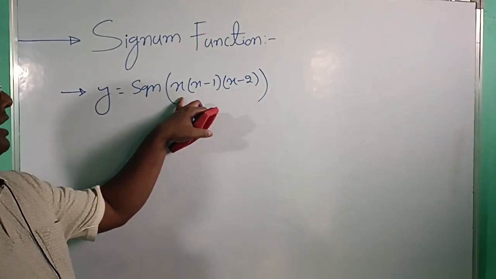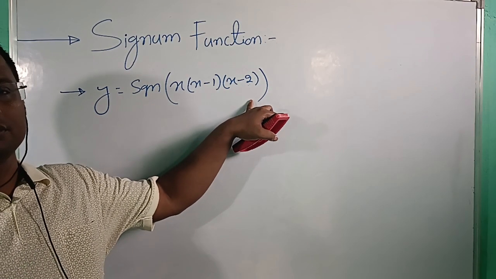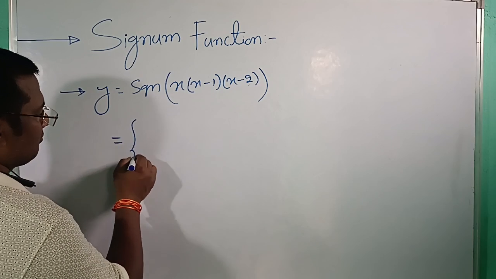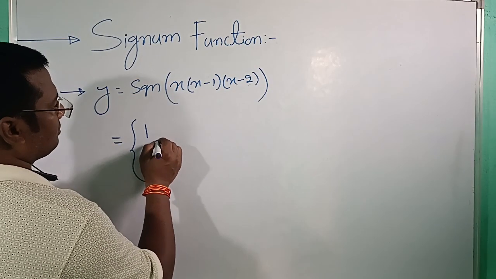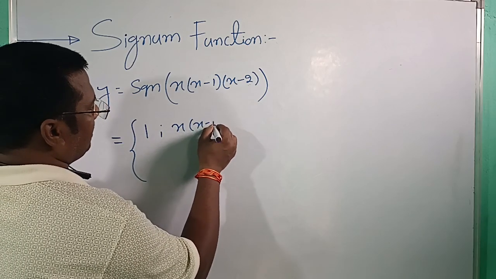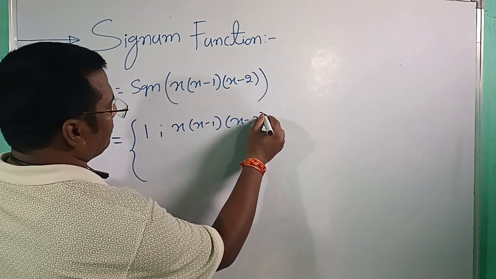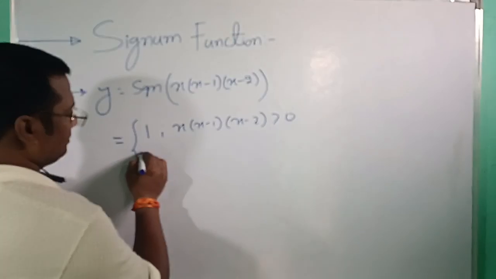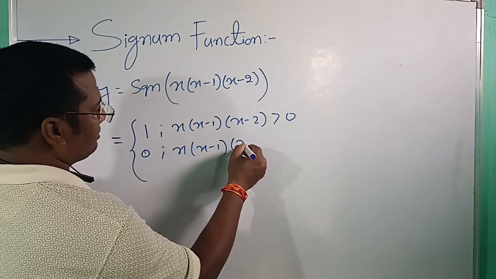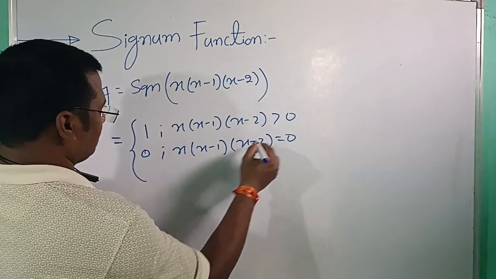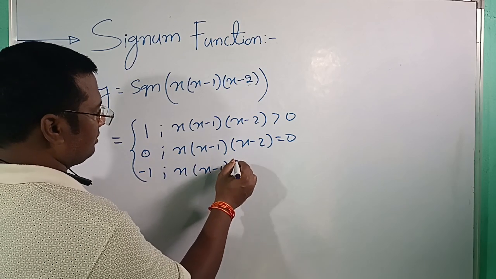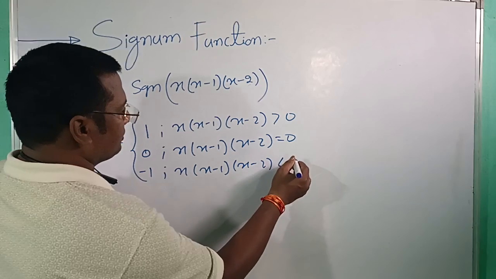Now sgn of x into (x minus 1)(x minus 2). So this will be 1 if x(x minus 1)(x minus 2) greater than 0. This is 0 if it is equal to 0. This is minus 1 if it is less than 0.